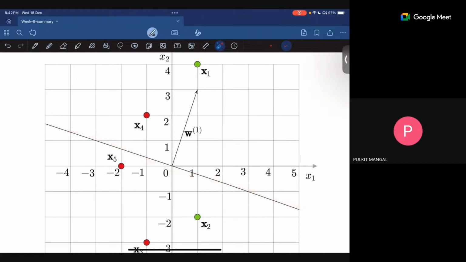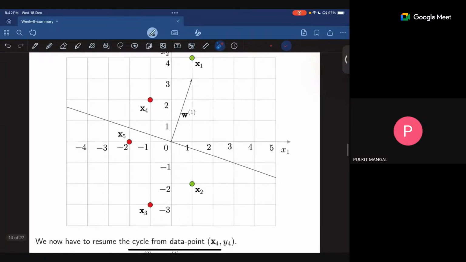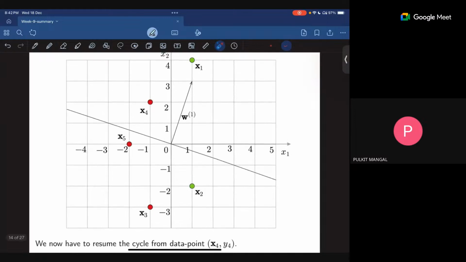Now of course we can geometrically see that this is not correctly identifying all the data points, so we'll start cycling through the data points again. We went till 3, so our next data point is x4.